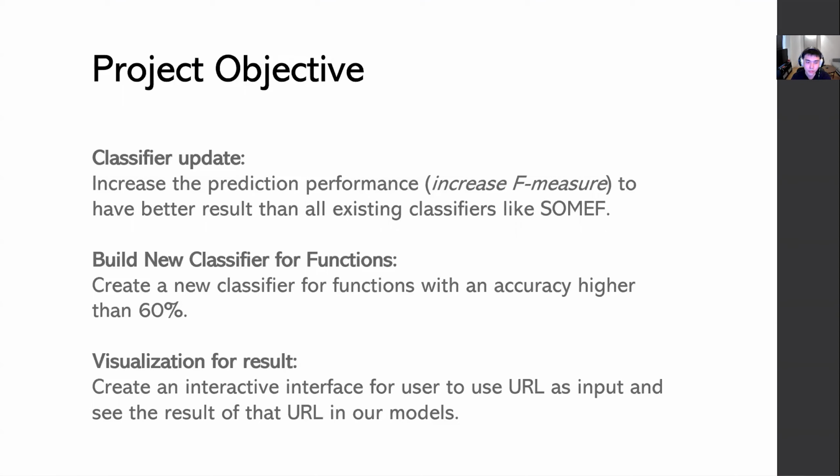Next, we want to build a new classifier for functions. For doing that, we want to be able to take the input as a URL link or some article text input, and then return our prediction of the functions of those softwares. Like if you give me a URL link, I can tell you what software it represents and what it does.